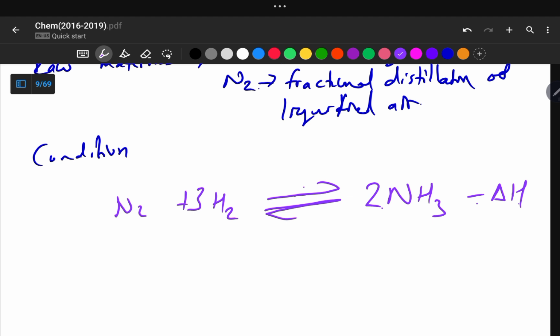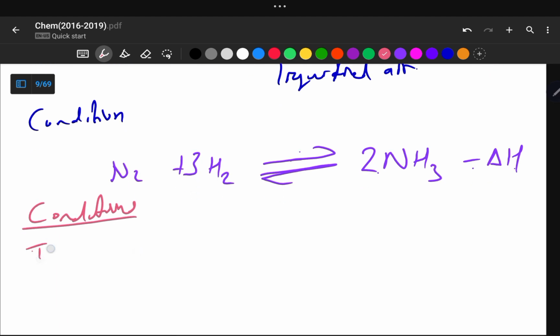So for the conditions, we have a temperature of about 450 degrees Celsius to 500 degrees Celsius, which is a moderate temperature. This equation shows that the reaction is exothermic. Why?